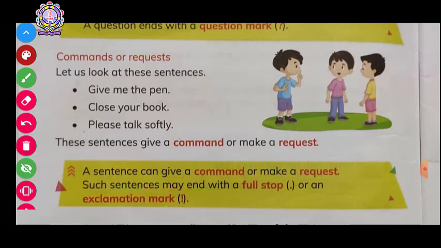Alright, this sentence is saying what I've explained, what a command and a request are. Your command always ends with this mark, the exclamation mark, as you can see here.